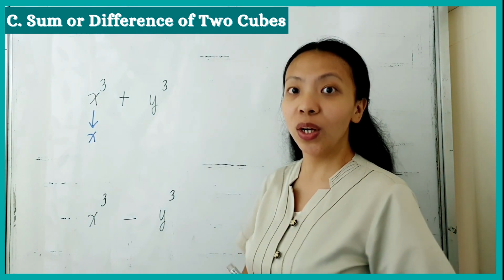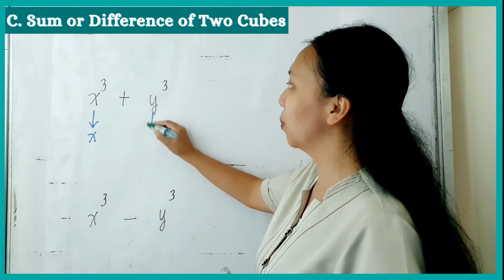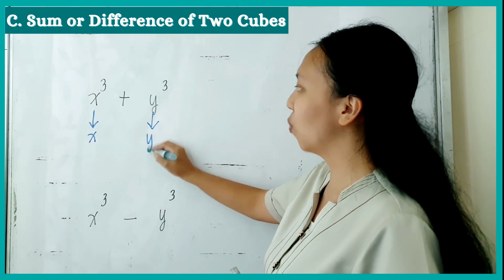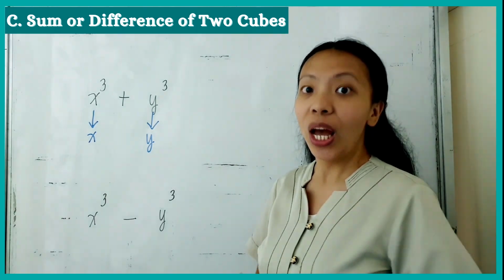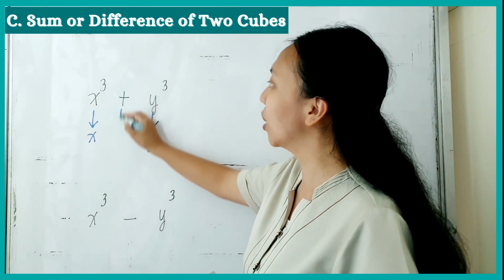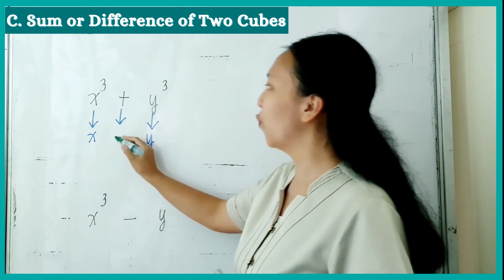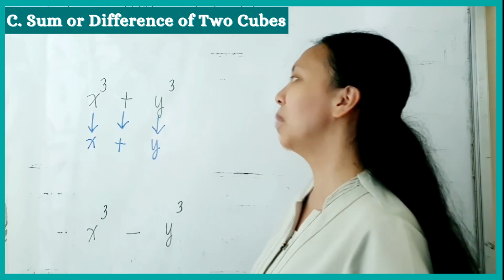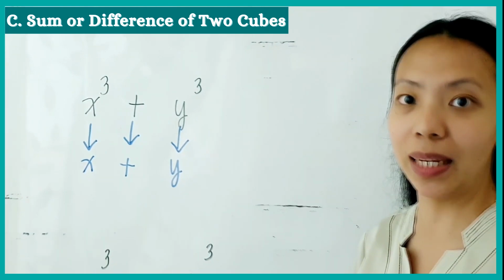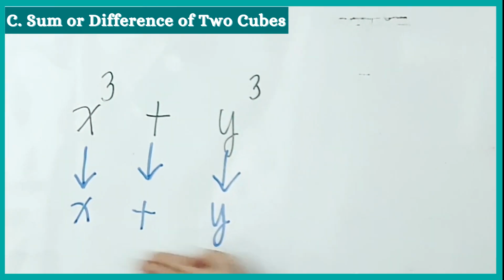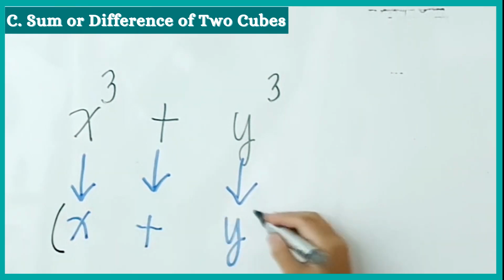Extract the cube root of the last term. The cube root of y cubed is y. Then follow the operation of the original binomial. The operation here is addition, therefore x and y must be separated by the plus sign. This is our binomial factor.